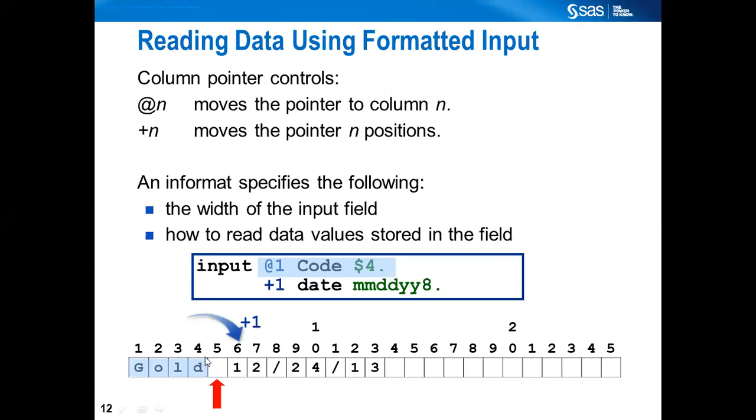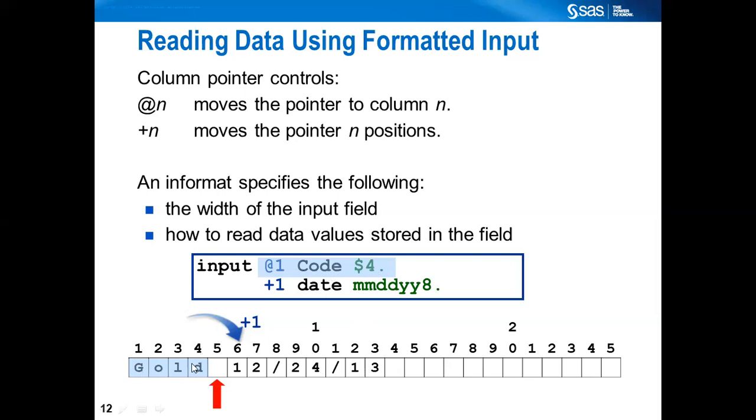See, it creates an area in the memory called the input buffer, where you have a logical ruler in the memory, and for your raw file, it holds the value in this input buffer. So when you write @1 code $4 dot, it goes to the first column with 4 wide, and it reads the value for your column as code.